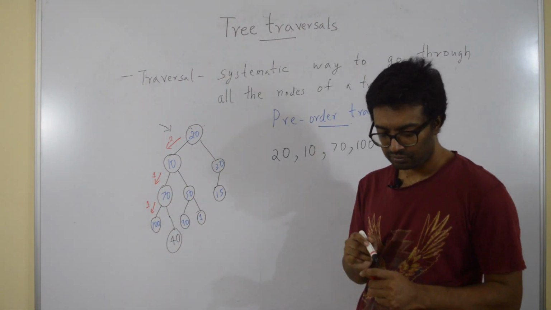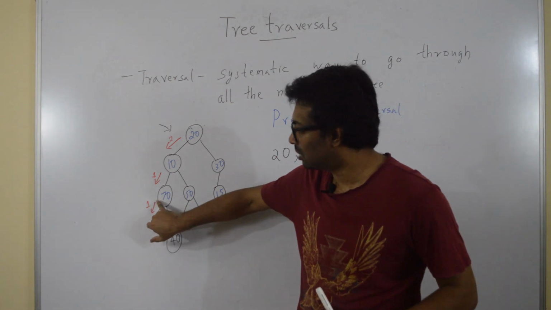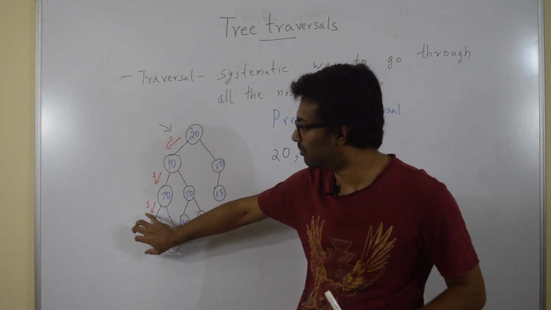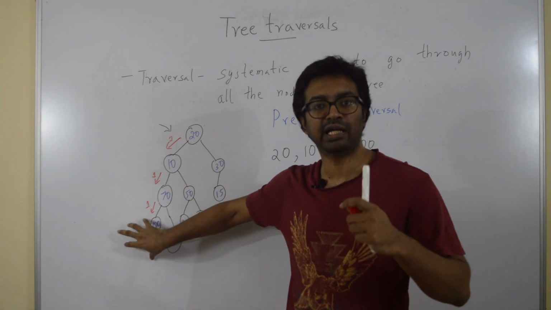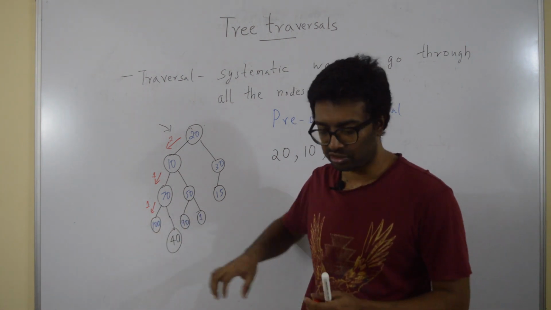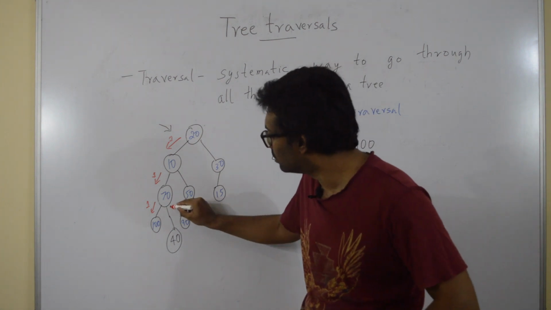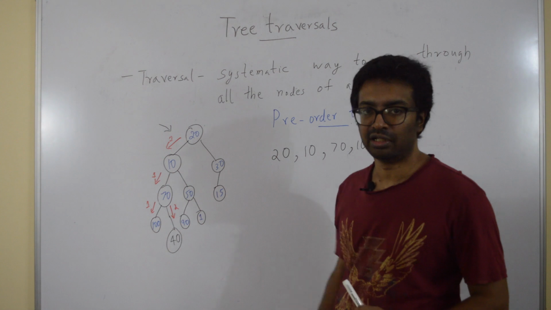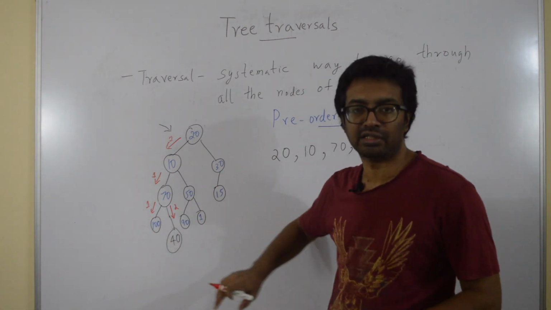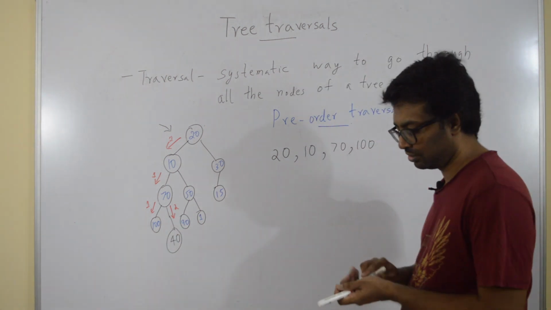Once I visit this node and I have visited the left subtree, what is it I need to do? I have finished my entire left subtree, then I go to my right subtree. So this is the second thing I do here. So I visit this second subtree. Now when I visit this subtree, I'm going to print 40, right?